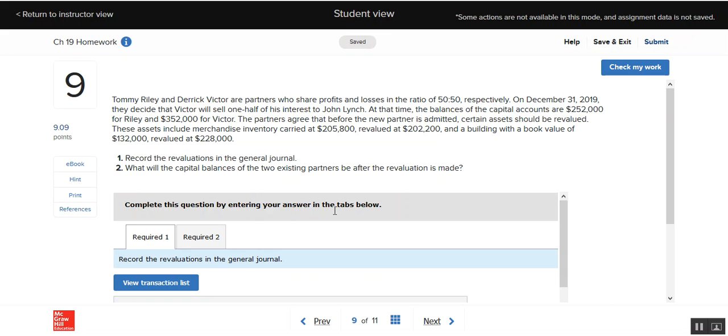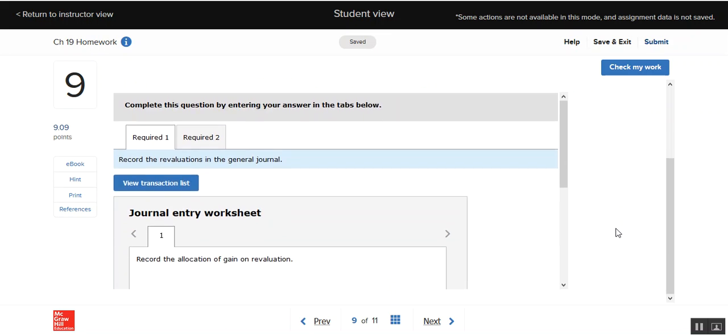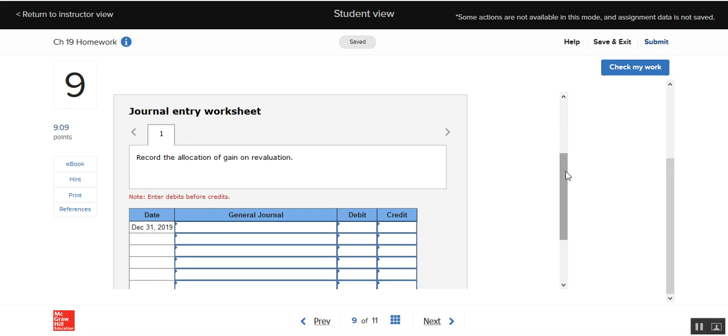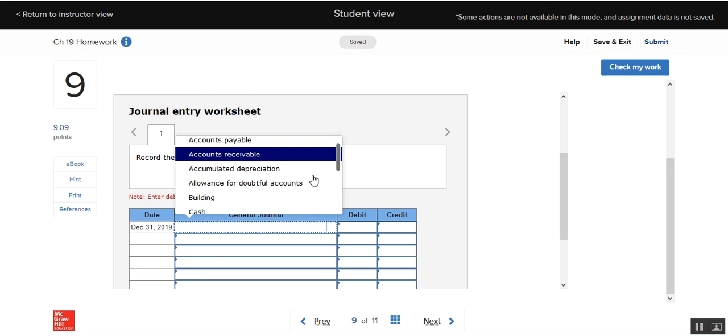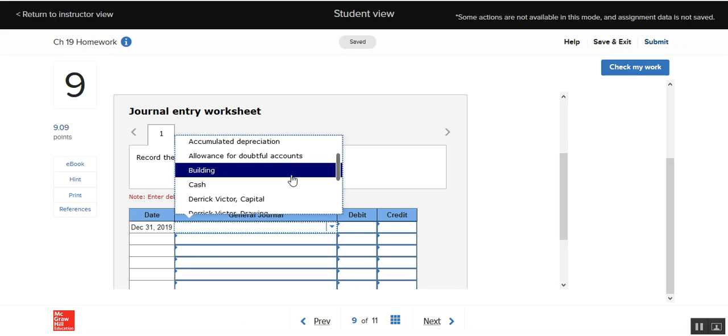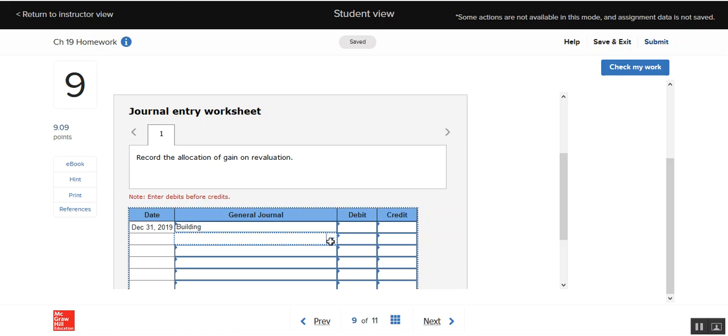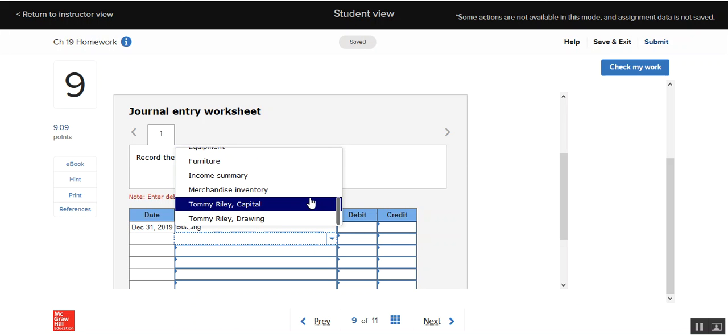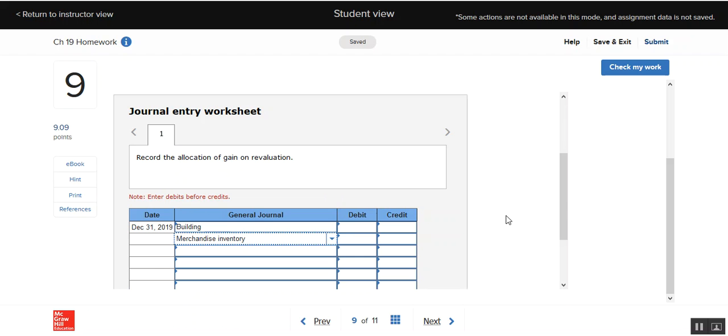So then it says record the valuations in the general journal. All right, so we're going to revalue a building and some merchandise inventory. So let me go ahead and plug those in there and then we'll do the math.